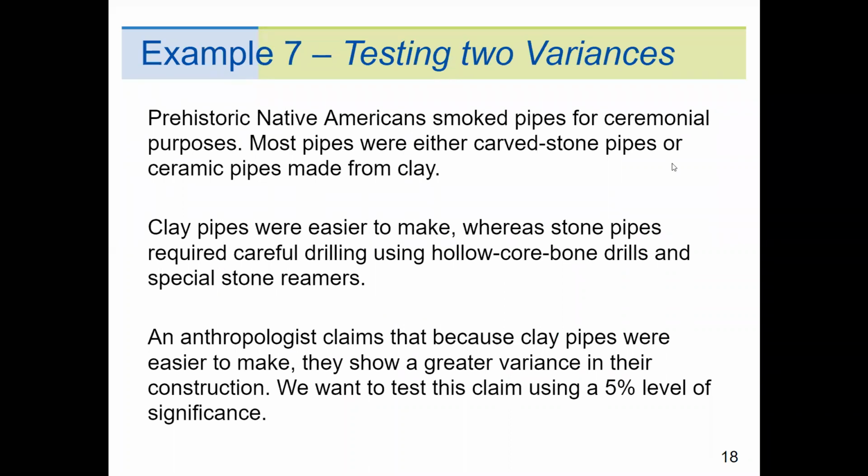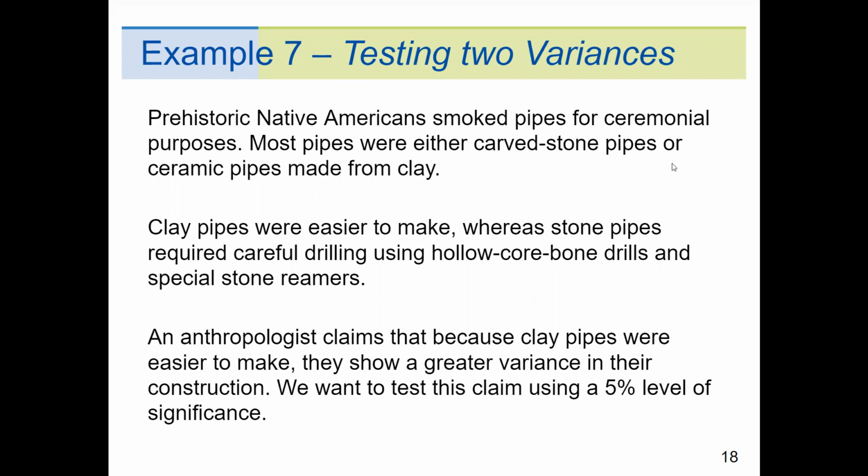All right. Prehistoric Native Americans smoked pipes for ceremonial purposes. Most pipes were either carved stone pipes or ceramic pipes made from clay. Clay pipes were easier to make, whereas stone pipes required careful drilling using hollow core bone drills and special stone reamers.